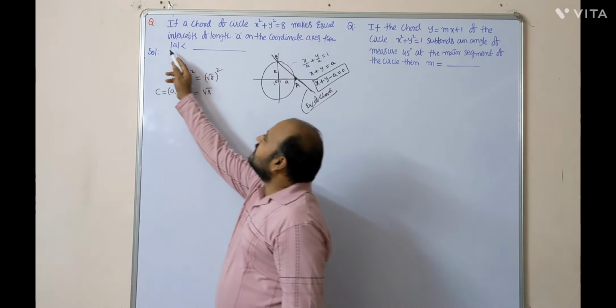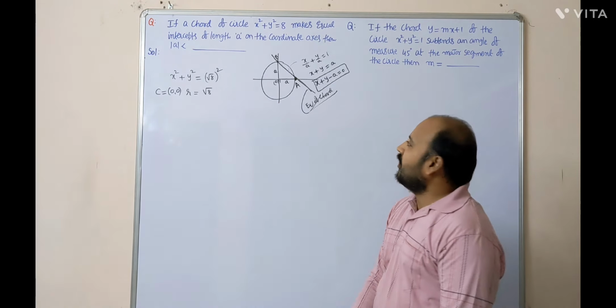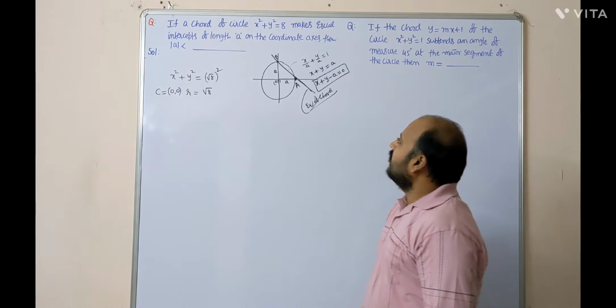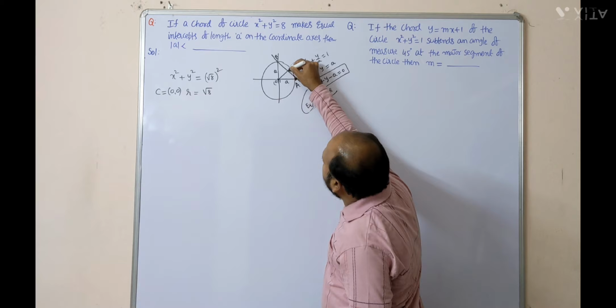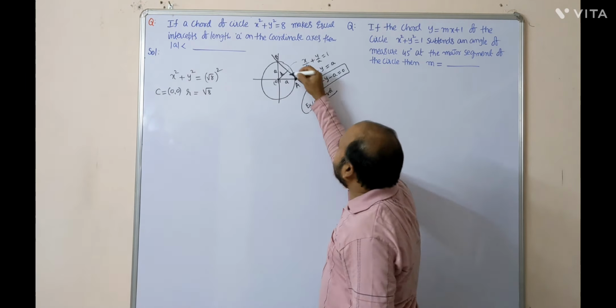What condition is given? Mod a is less than what value? This line, that means the chord, cuts the circle in two different points, no? Whenever the line cuts in two different points, the perpendicular distance from the center of the circle to this line, this is D, is obviously less than the radius.